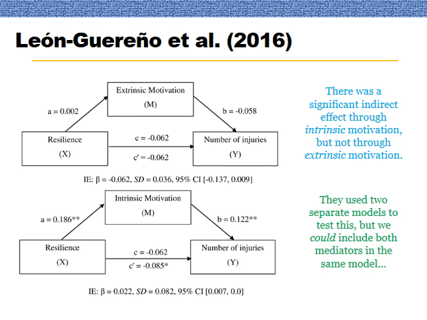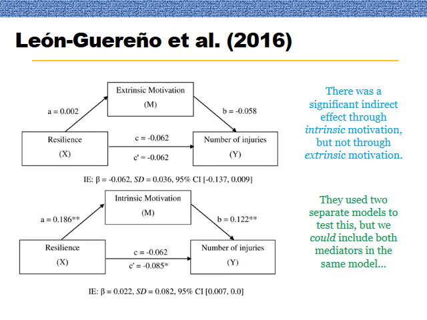Now, when they did this in their paper, they tested two separate mediation models, one that used extrinsic and one that used intrinsic. They could have, however, included both of those mediators in the same model. In other words, if there's a relationship between two variables X and Y, and we think that there might be multiple reasons why those variables are related to each other, we can include all of those reasons as multiple mediators in a single model.